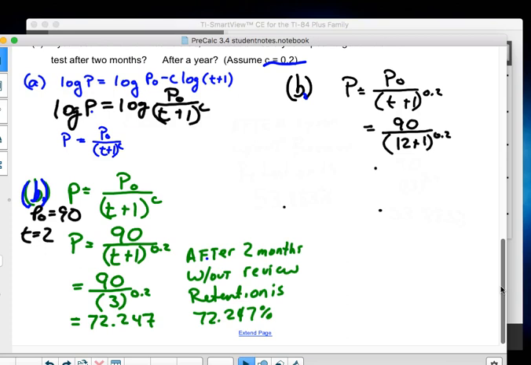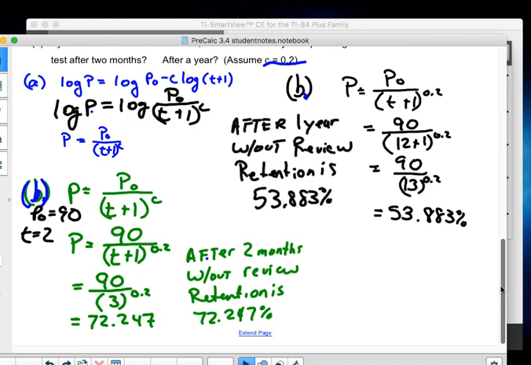What's the projection of success for this test for me? Not pretty. 53.88. So after one year without review, retention is 53.883.